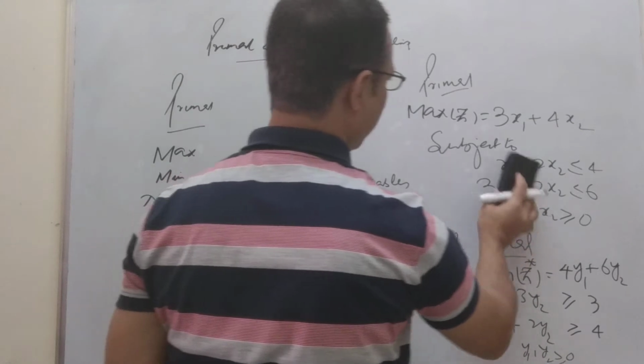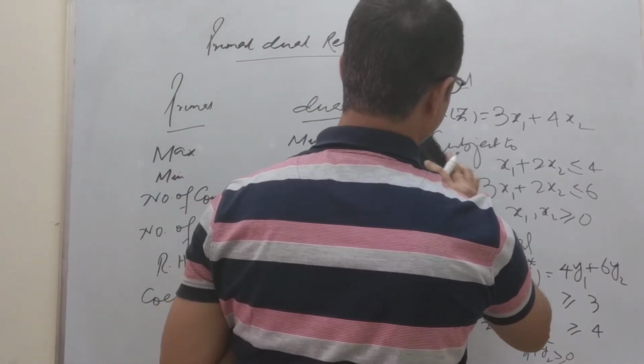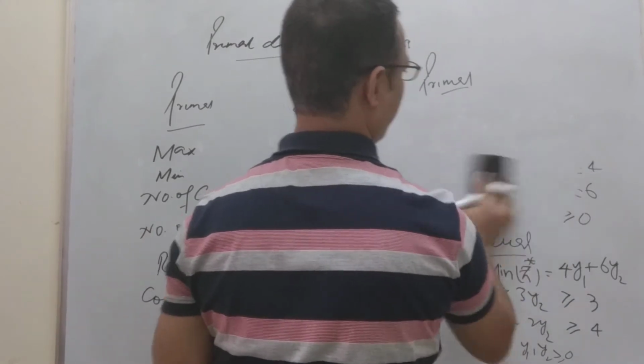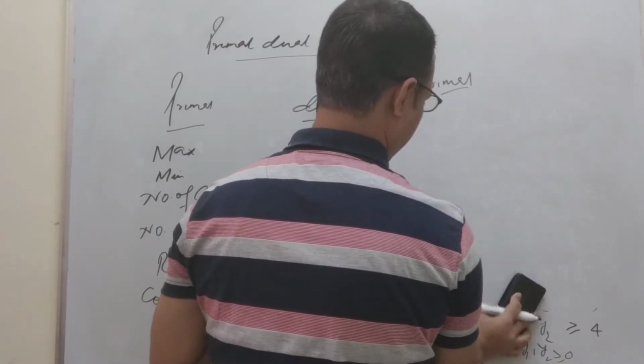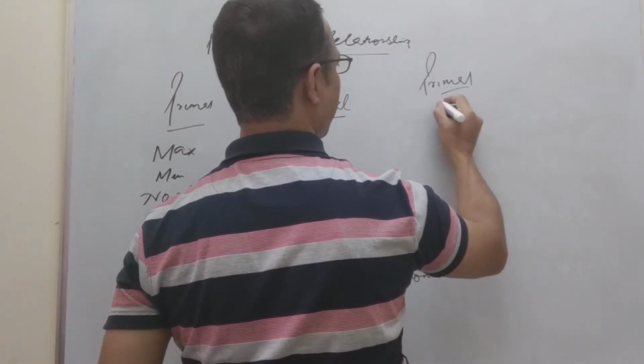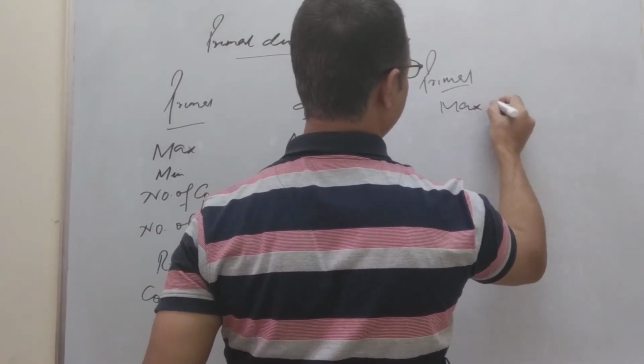So now I am going to write another example and we'll check. Okay. So now I am going to take another example and we'll see what is the dual. For the primal, suppose I have written a maximization type of question.